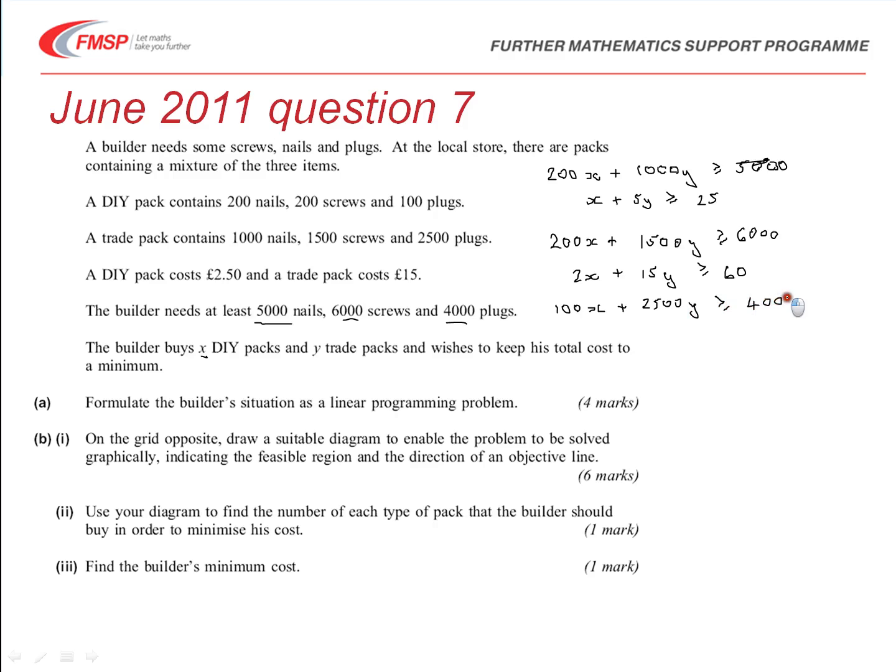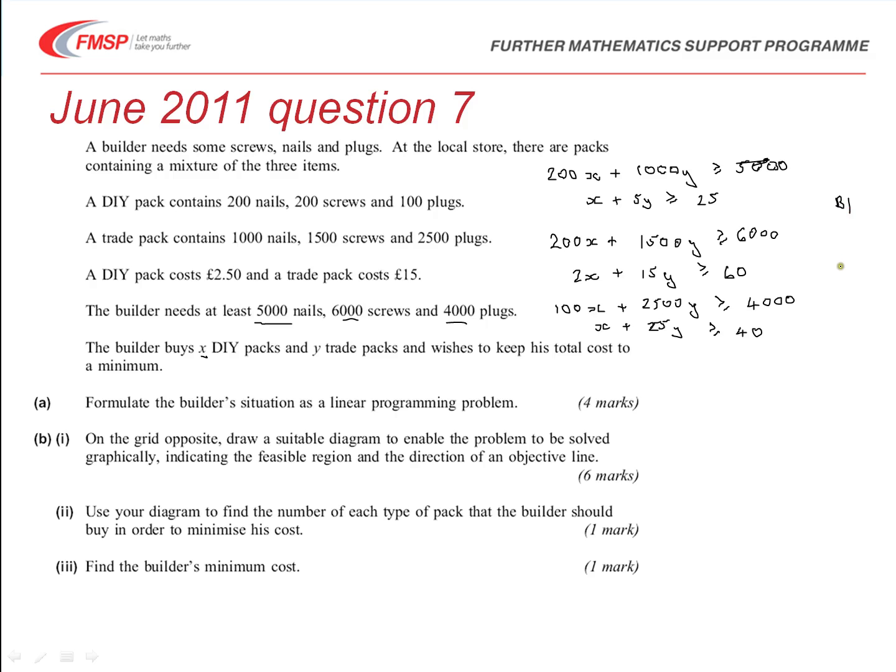So this time we can divide through by 100, and that will give us X plus 25Y is greater than or equal to 40. So those are our 3 inequalities, which will give us our 3 marks, because each one of those will give us a mark.